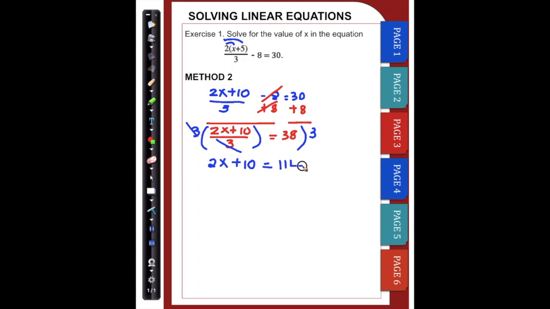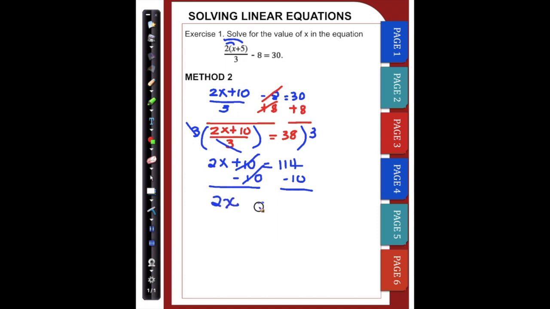Now simplify the left hand side of the equation, again using inverse operations. So the inverse of plus 10 is minus 10. Subtract 10 from both sides of the equation. We should have 2x, cancel plus 10 and minus 10. That should give us 2x equals 104.